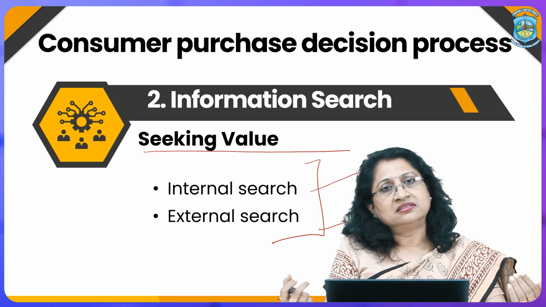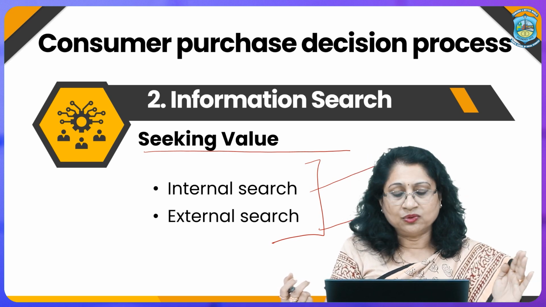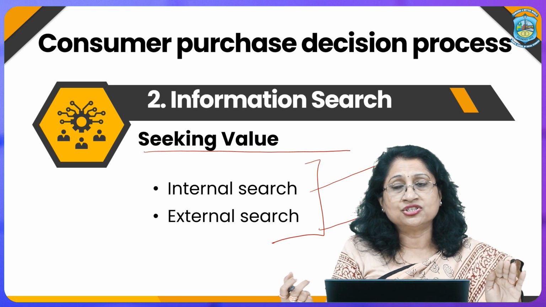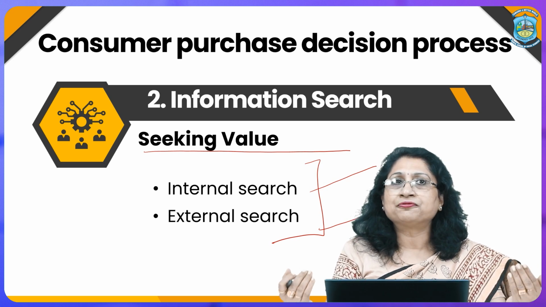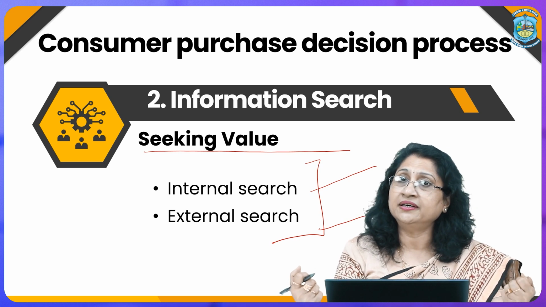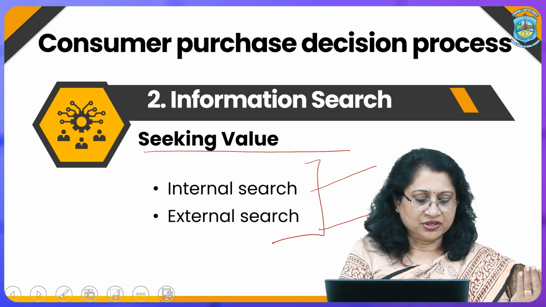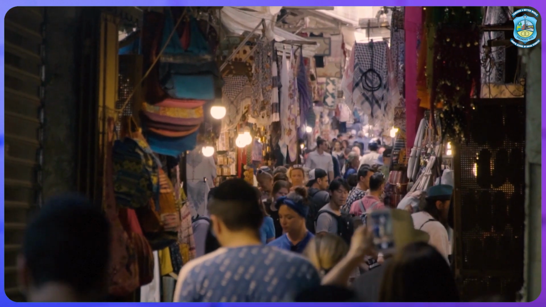Then what is external search? When I am not satisfied with the internal search, or I do not get sufficient information that I wanted for buying the particular product, then I go for what is known as the external search.